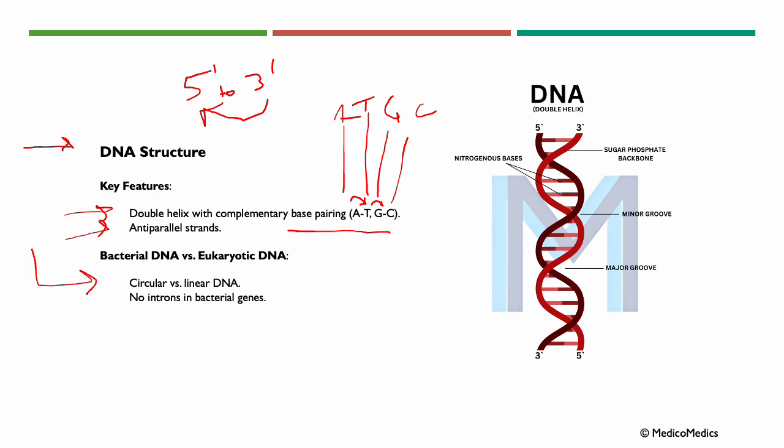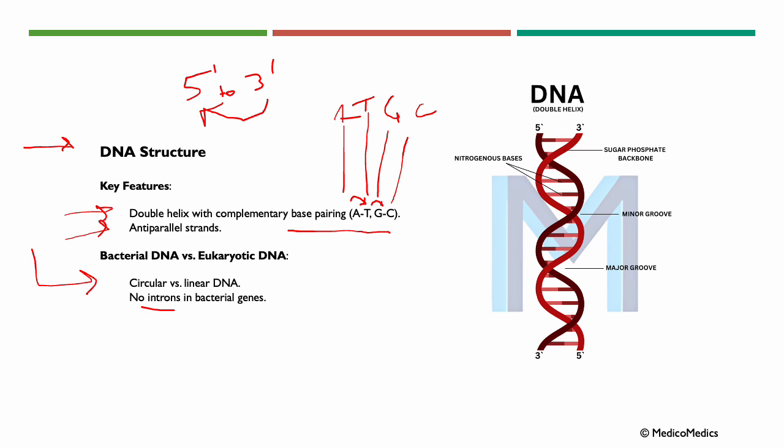Now, let's see the differences between bacterial DNA and eukaryotic DNA. So let's first look at structure. Bacterial DNA is typically circular, while eukaryotic DNA is linear and organized into chromosomes. Furthermore, bacterial genes generally lack introns.